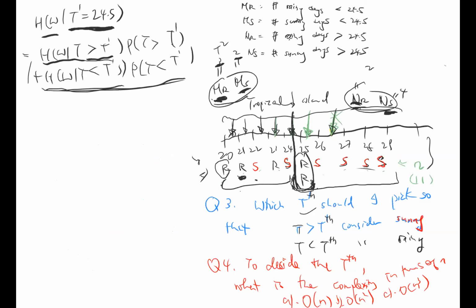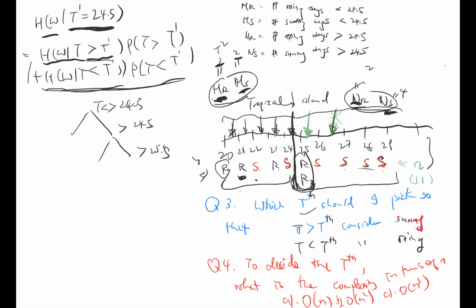For example, let's say I make a decision at 24.5, so temperature is bigger or less than 24.5. So I have two branches here. When it's bigger than 24.5, I can split the decision further, whether it's bigger than 25.5.